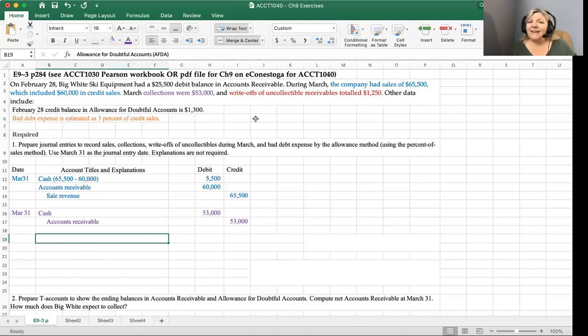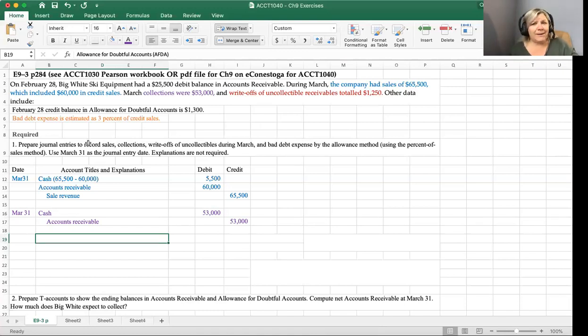When we write off uncollectible receivables, it's a little bit different than setting up an allowance for doubtful accounts. What we're going to do with our fourth journal entry is estimate how many accounts may not get collected. What we're doing when we're writing off uncollectibles is we are saying, remember that we said we might not collect this money?